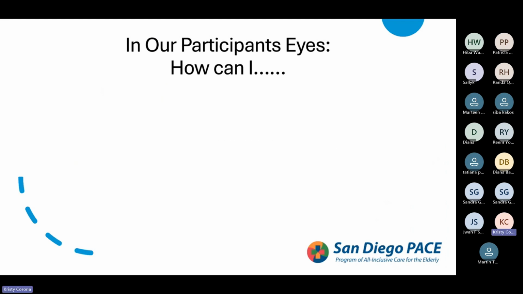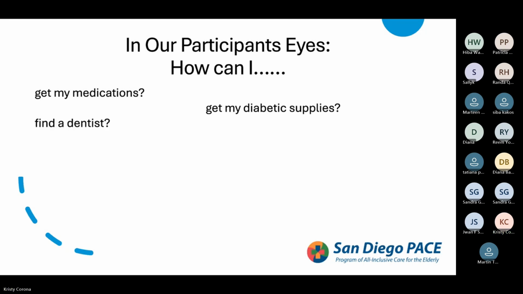So first, I want us to think of how our participants feel, either as they're joining onto PACE or switching providers. A lot of patients or participants have similar questions, such as how can they get their medications? How can they get their diabetic supplies? Interestingly enough, a lot of patients will switch right as they're about to run out of medication or be running low on their medication.